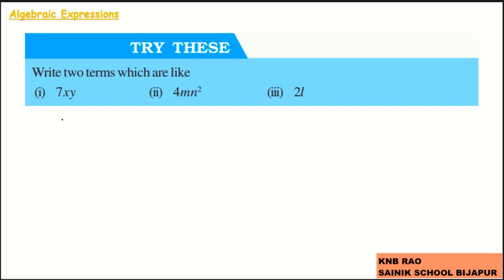So I want, for this 7xy, two more like terms. Suppose I say minus 13xy is one more and 1 yx, one time yx, they both are like terms to this. Similarly, can we write for the second and third? Obviously we can write. Come on.